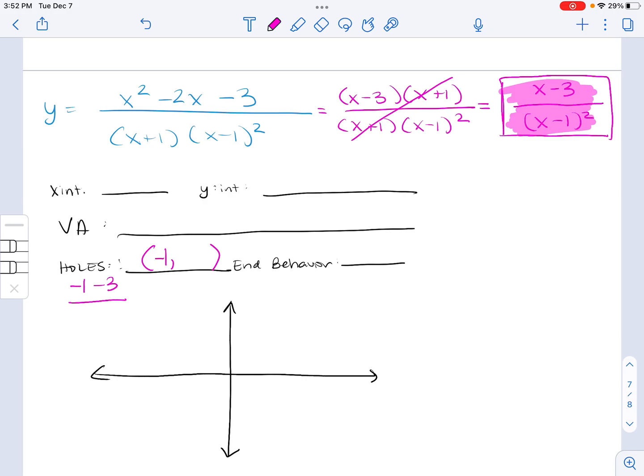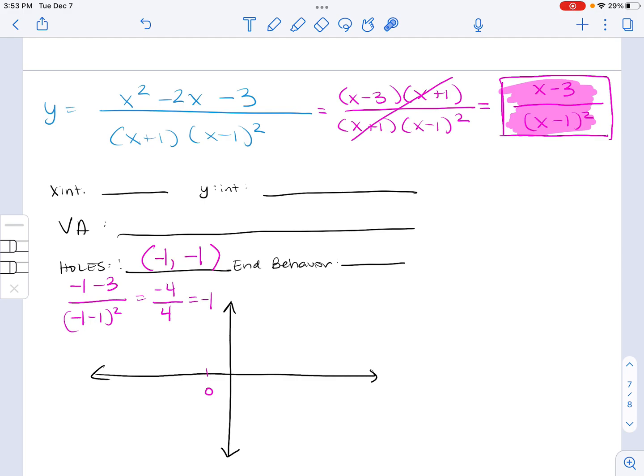So if I do that, I get -4 on top. -1 minus 1 is -2, but if I square -2, -2 times -2 is a regular 4, and so I get -1. It's purely coincidental that this number and this number match up. Obviously, these numbers don't always have to be the same. So then I'm going to graph (-1, -1), which is probably somewhere around there. So that's how you find a hole.